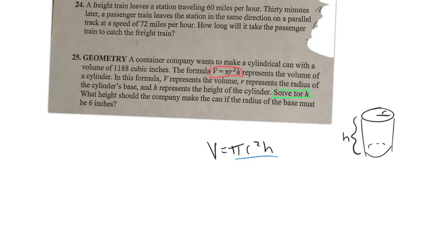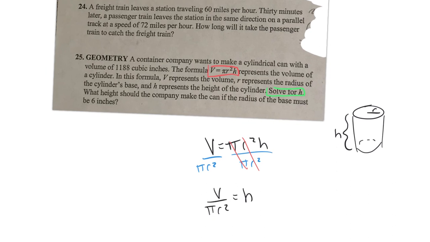Well, you can just divide both sides by pi r squared, because that would cancel these. And then you have H all by itself on the right, and you have V over pi r squared. That's going to be a helpful variation of this red box equation. We have a new updated version of that equation.